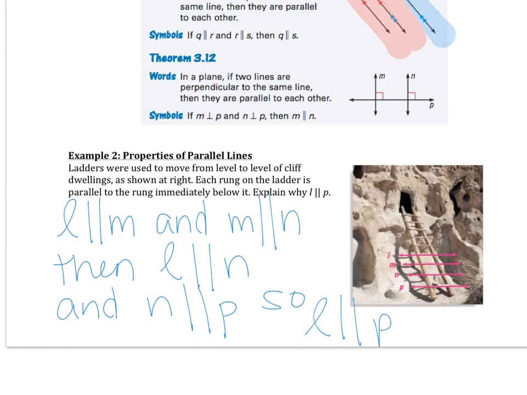You have two lines parallel to the same line, so they are parallel to each other.